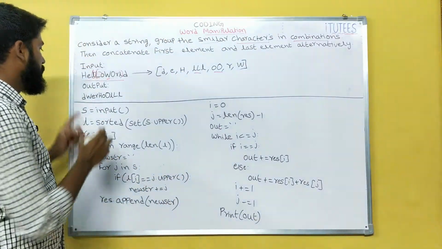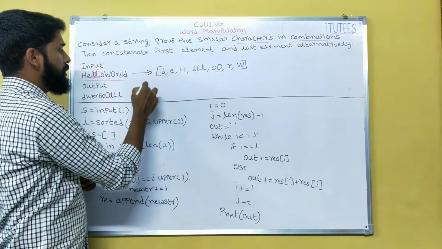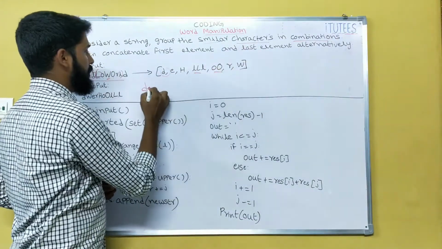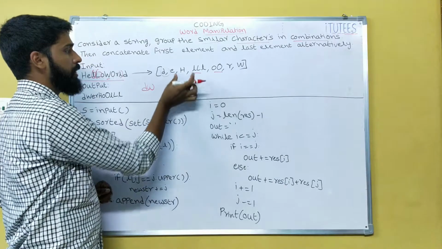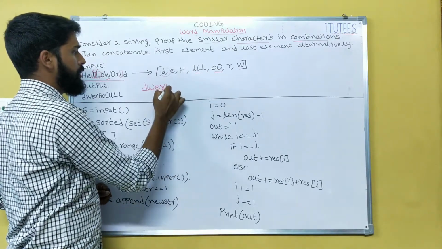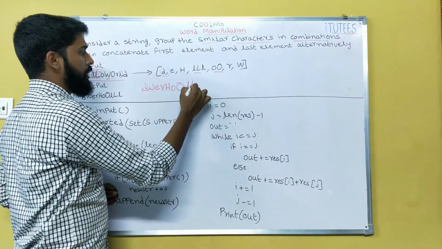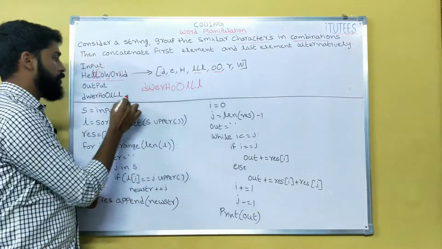So what is the output? Concatenate the first element, D, and the last element, W. After that E, R. After that H, O, O. After that L, L, L. So this is the output.